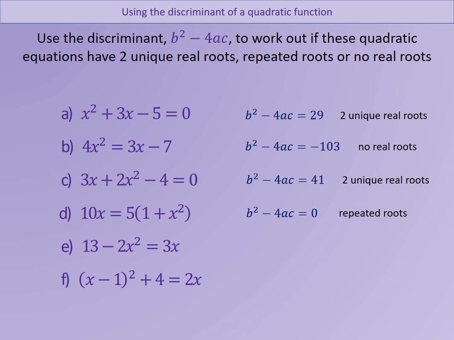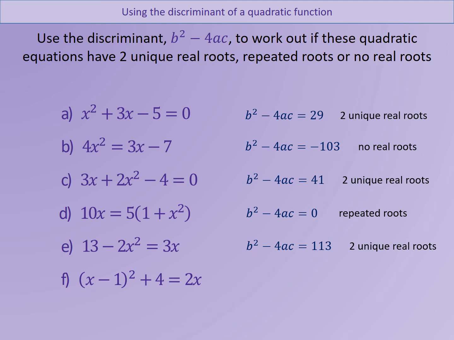I don't have to do that, but it's just something that I prefer to do. So A would be 2, B will be 3, and C will be -13, and if I place them into the discriminant, I get 113. So 2 unique real roots.